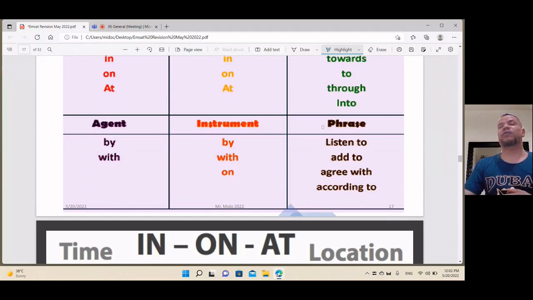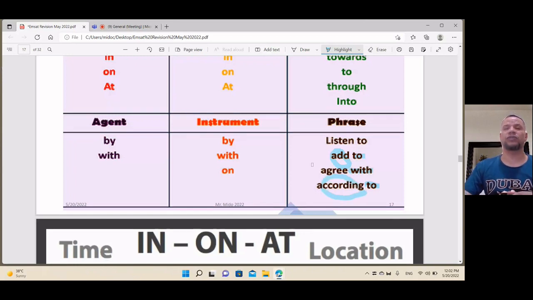Then phrasal prepositions, a preposition with a verb, with an adjective, with a noun, like listen to, add to, agree with, according to.